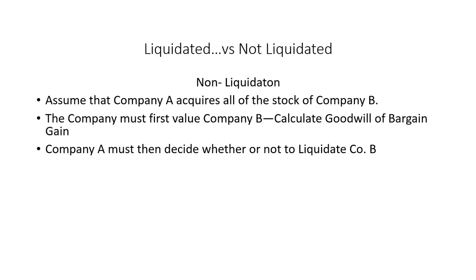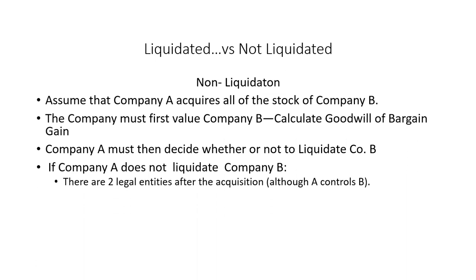You buy the stock and pay more or less than the fair market value of the company, and then, as a separate decision, you decide whether or not to liquidate Company B. If Company A does not liquidate Company B, there are two legal entities after the acquisition, although A controls B. So legally, you have two different companies with two different sets of books, but A controls B.